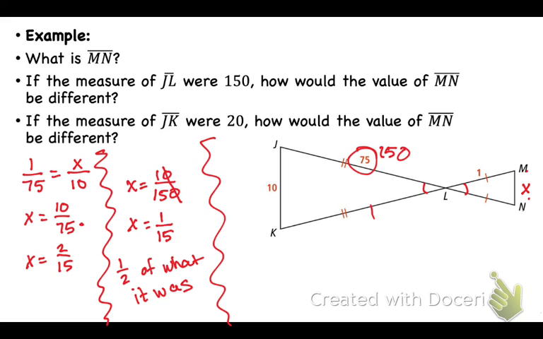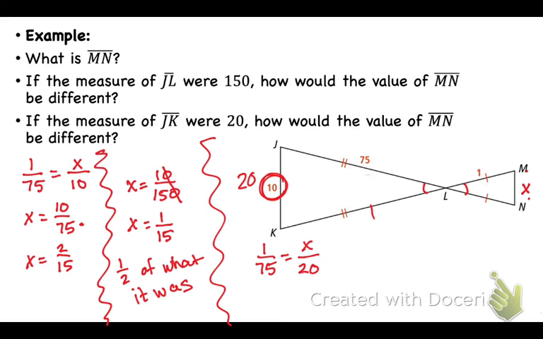Well, the next one says we're going to do what? Make JK right here 20. So we're going to put this back to 75. So I'm going to rewrite the original problem since I'm further away. Back to 75. So I have 1/75 over X over what? 20?